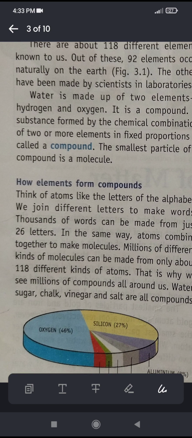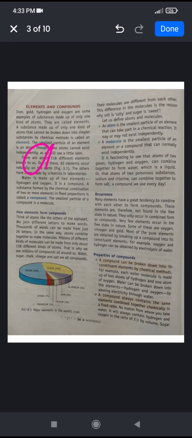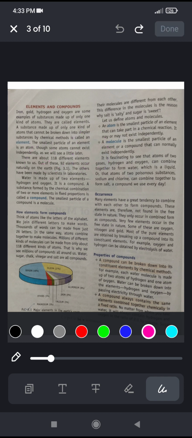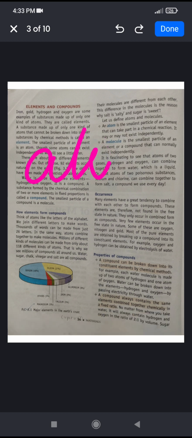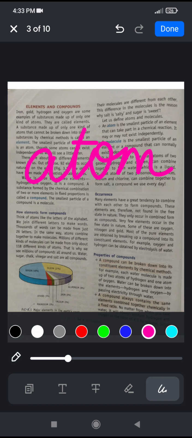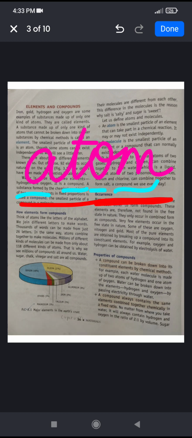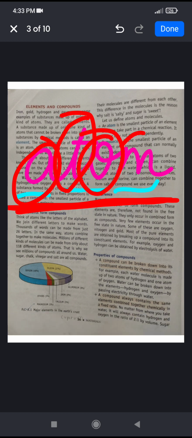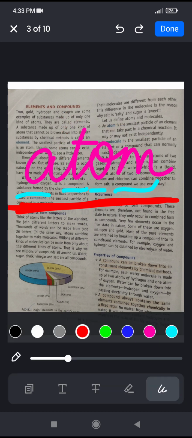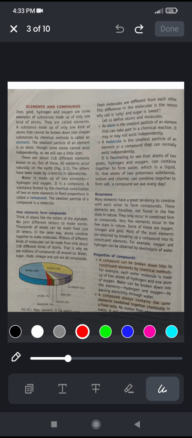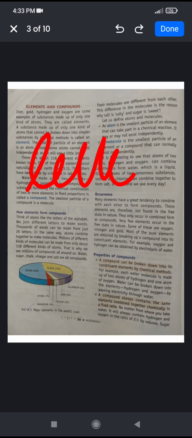Like if we are taking the word atom, A, T, O, M, these letters are joining. And what are they making? A word.